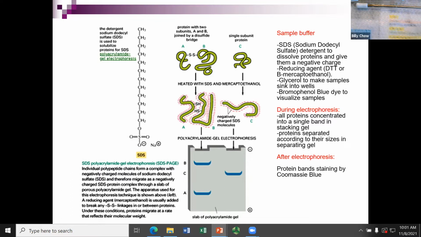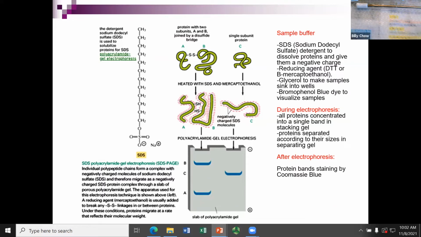And this molecule, DTT or beta-mercaptoethanol, is able to reduce that, to break that disulfide linkage, to form the sulfhydryl groups separately from each other. So when you run the gel, this protein will form two different bands because you have already reduced them into two polypeptide chains. If you don't put in the DTT, then you will see one bigger protein running together in the gel with two subunits. Okay, so this is reducing and non-reducing.